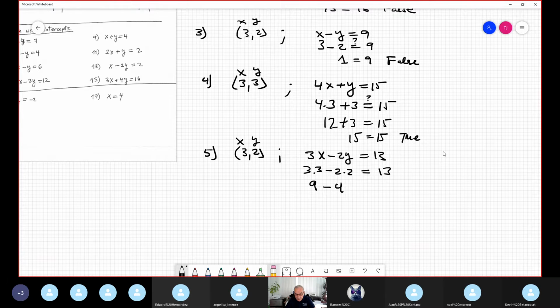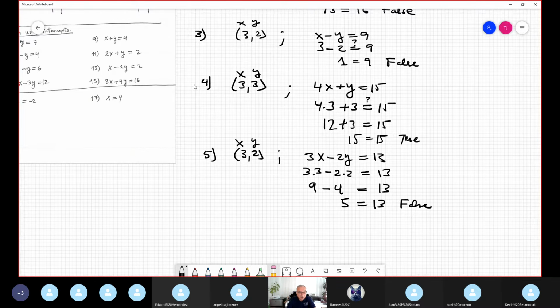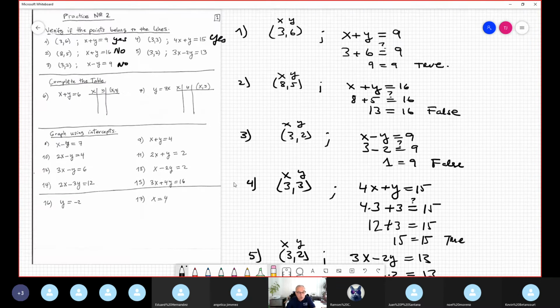Multiplication is the first operation, and the last operation is addition or subtraction. 9 minus 4 is 5. 5 equals 13, completely false. The answer is no. The last point, number 5, doesn't belong to the line. Any question?